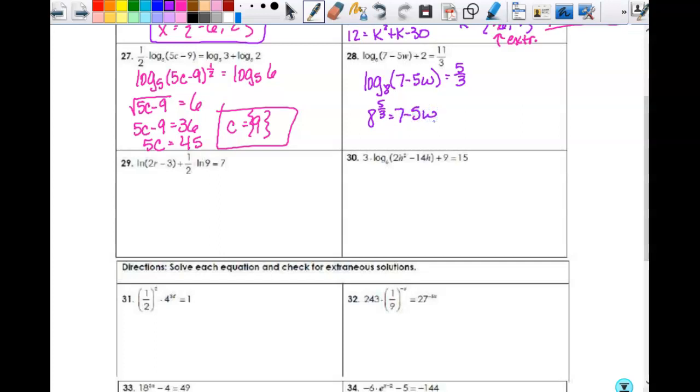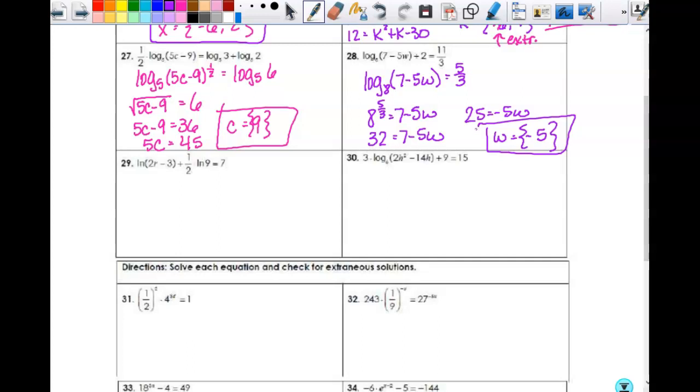So I can take the cube root of 8 and get 2, and then take 2 to the 5th and get 32. So 32 equals 7 minus 5w. That means 25 equals -5w, and w equals -5. Substitute that in. 7 minus 5 times -5, that'll work. There's my answer.